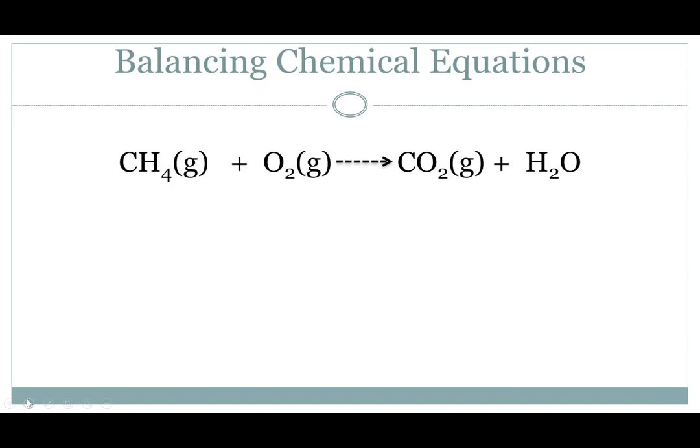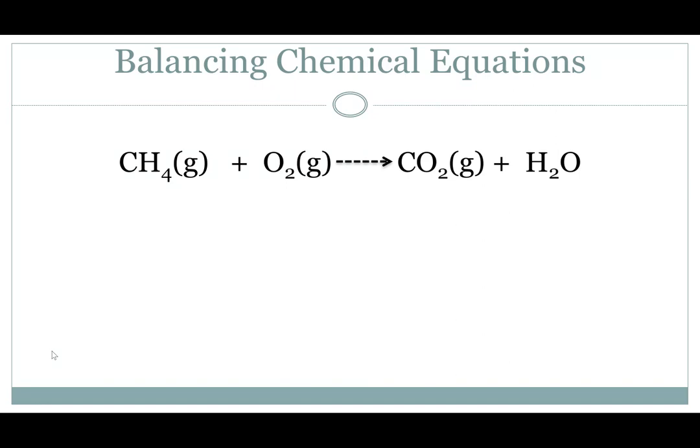All right, so balancing chemical equations. The law that's going to govern us here is actually the first law of thermochemistry. It says matter is neither created nor destroyed during a chemical reaction.